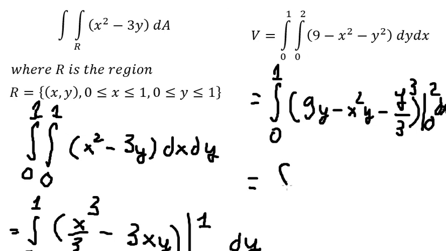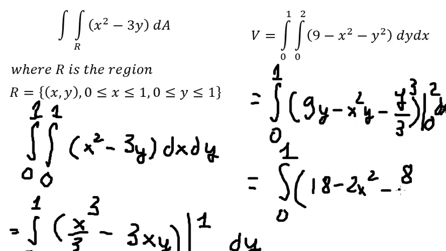And now we have the answer. That is 18 minus 2x squared minus 8 over 3, and we have dx.